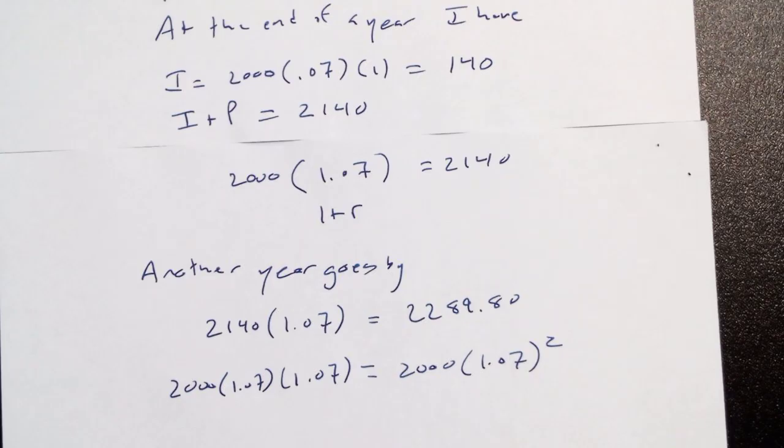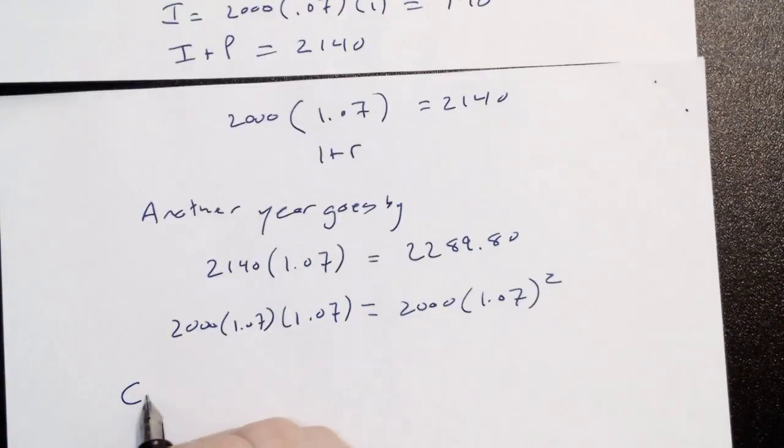If another year goes by, what's going to happen? It's going to be cubed. Hey, wait a second. This is not simple interest because I'm computing my interest at multiple points throughout the time period. This is called compound interest.